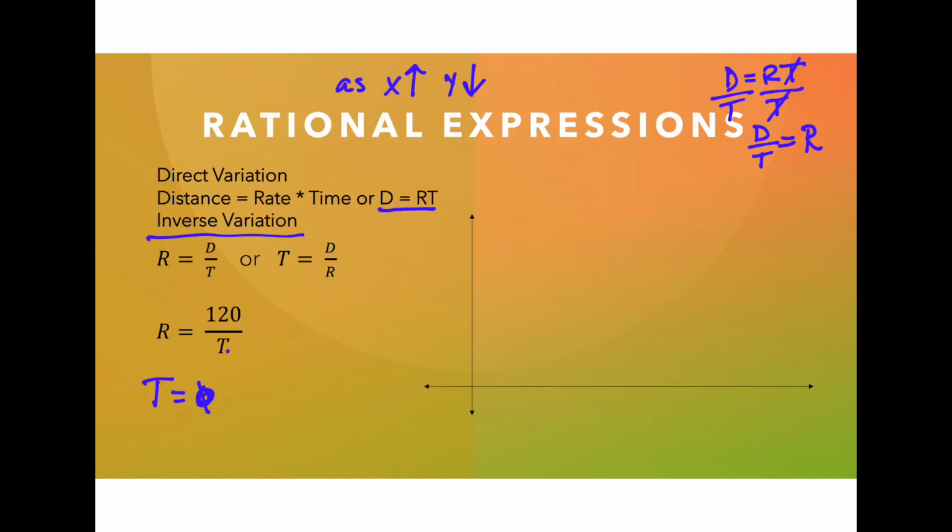All right, so I went ahead and took this one. I set a consistent distance of 120. Let's just call that 120 miles. And so I put a number for that so that we're just looking at the relationship between r and t, rate and time. So again, r is going to go over here. R is my rate that I'm traveling at. And time is going to be down here.